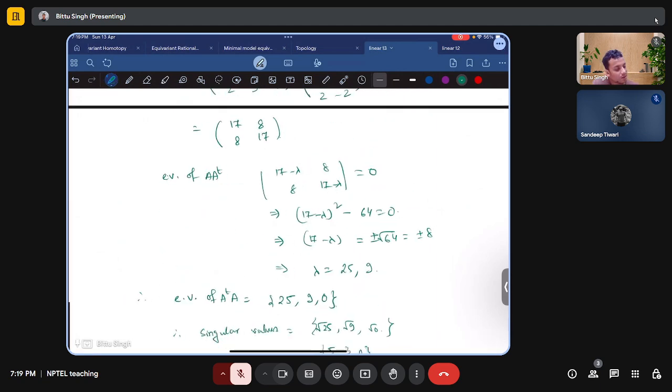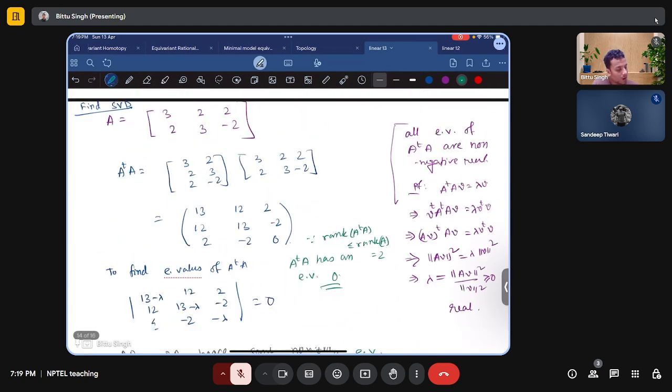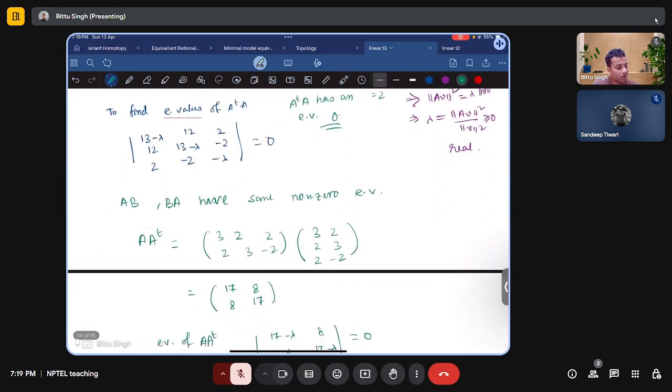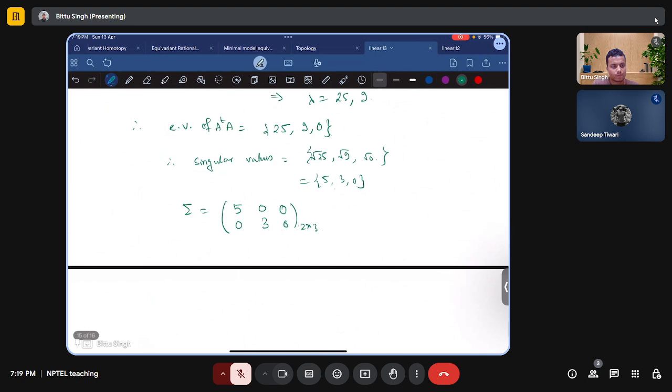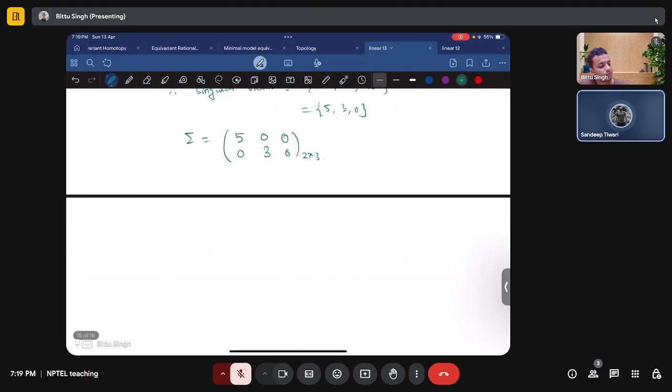Now we need to find the other two things, that is phi and phi transpose. Sir, if all eigenvalues are non-zero, then how can we write sigma?